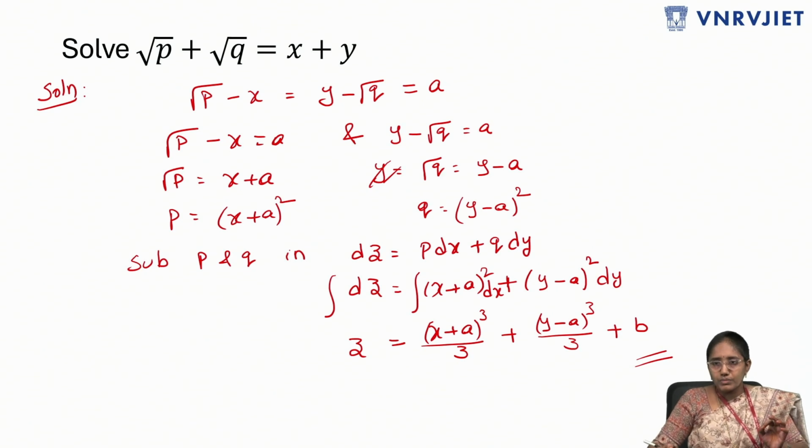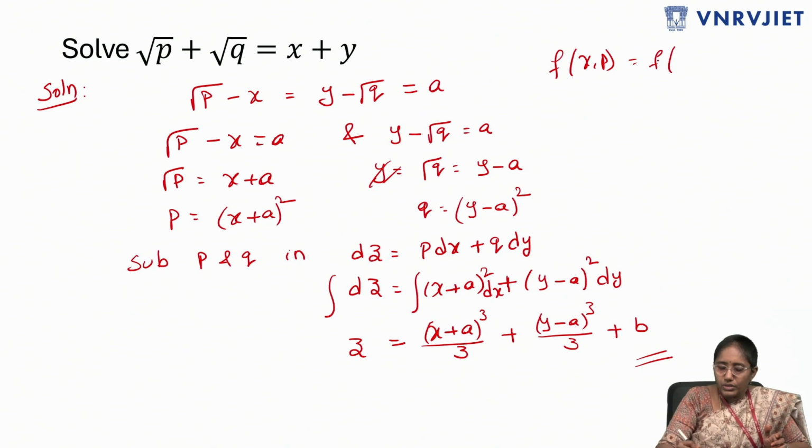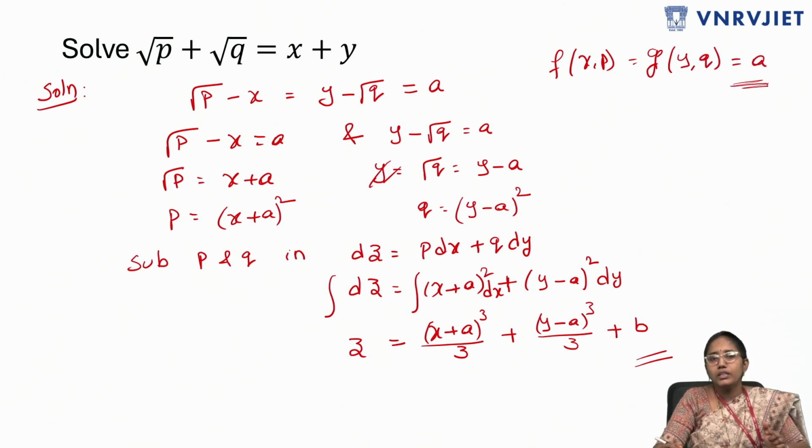So clearly observe that this method is applicable only when we are able to rewrite it as a function of x comma p is equal to a function of y comma q is equal to a. If we are able to rewrite it like this, then only we apply this procedure.